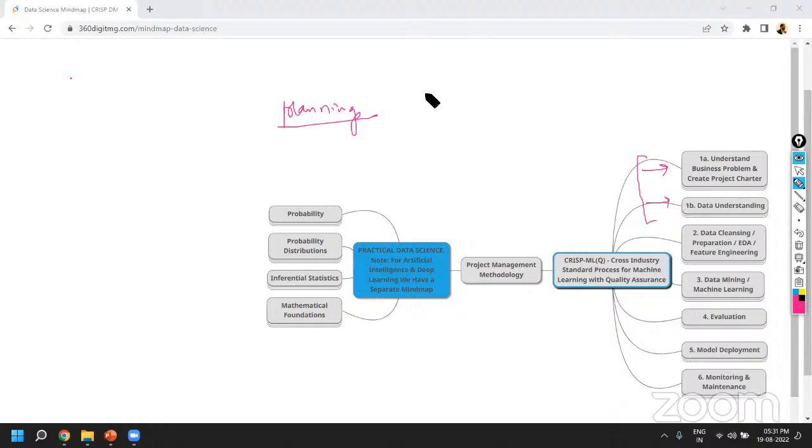We need to identify the sources where the data is coming from, how we are going to get that data, and what kind of challenges the data might have. We need to also identify what algorithm we might want to develop. We also have to plan how the end result is going to be given to the end customers. So once this entire planning is done, we proceed further to implementation.